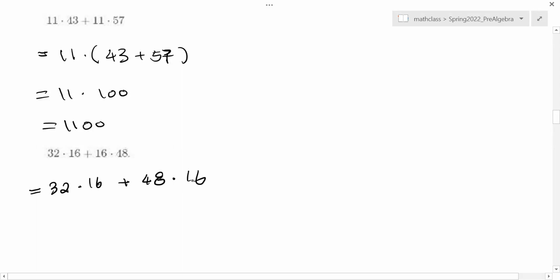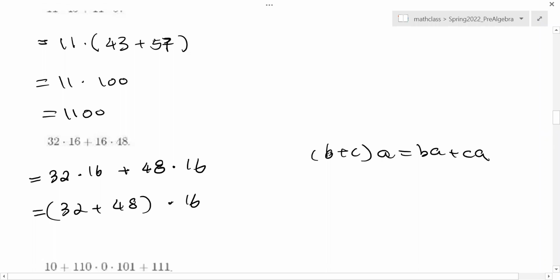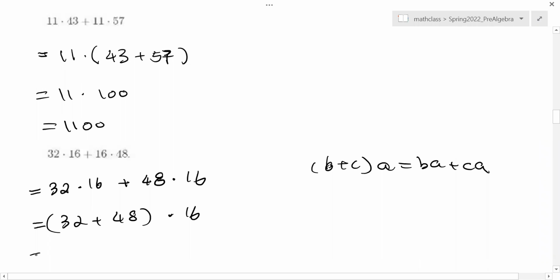Then you have the common factor 16, so you take 16 out. The formula we are using here is (B plus C) times A equals BA plus CA. Then 32 plus 48 is going to be 80.